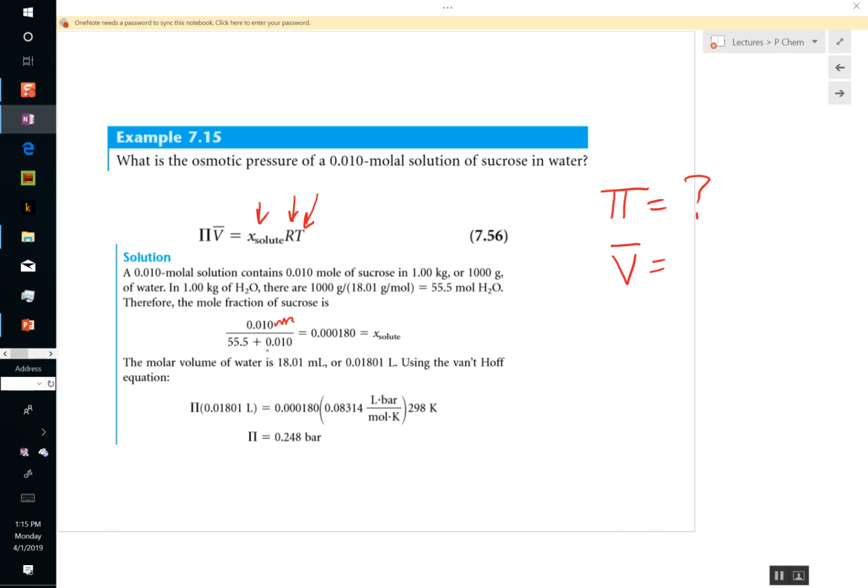If there was a higher concentration of the solute, how would you find the molar volume? Well, you'd have to be given a density of that solution. Something like 6 molar sulfuric acid, you'd need to know the density. Usually, yeah, that's what you'd have to work with.